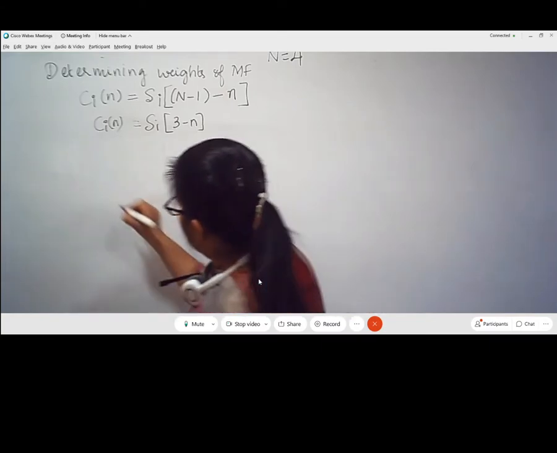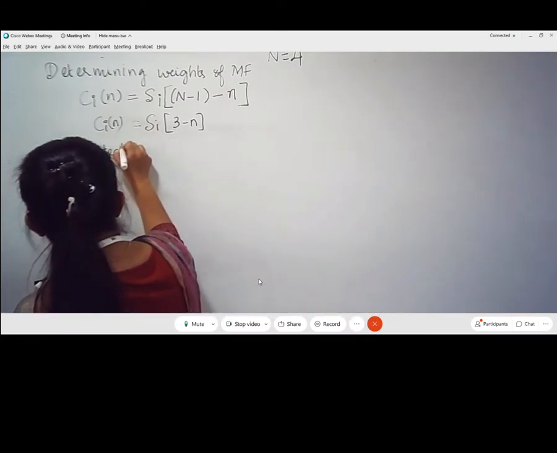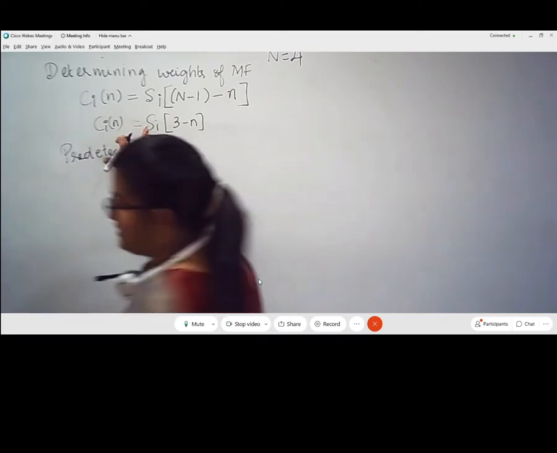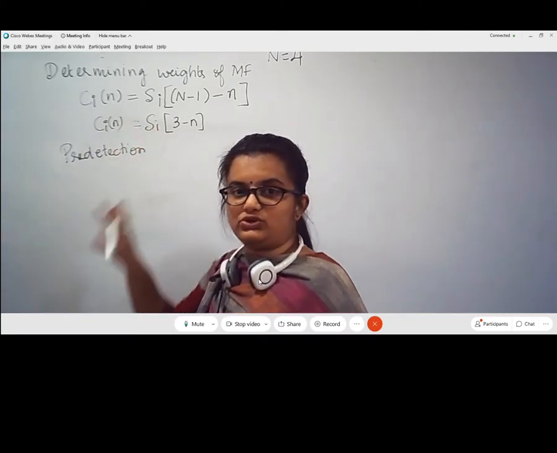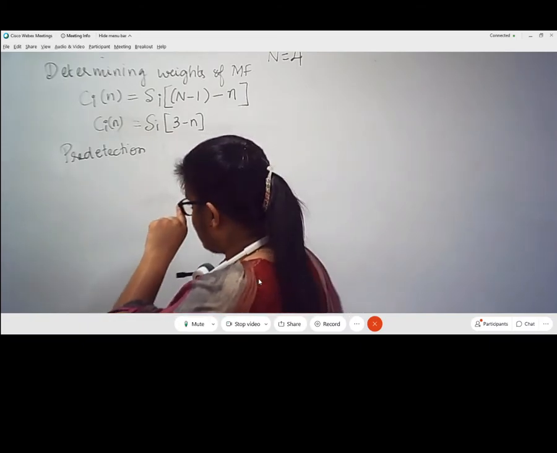And the pre-detection point, how to obtain this: this is a matched filter, so I need to convolve the matched filter with respect to the received signal.